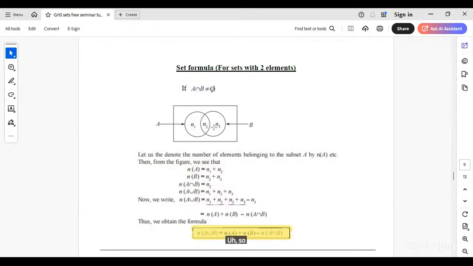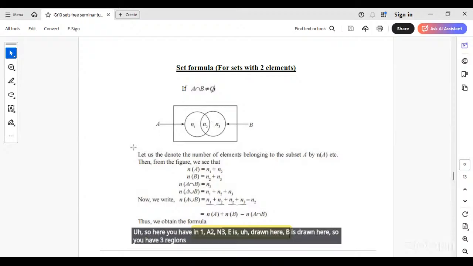So here you have N1, N2, N3. A is drawn here, B is drawn here. So you have three regions named N1, N2, N3. The question says, let us denote the number of elements belonging to the subset A by NA.